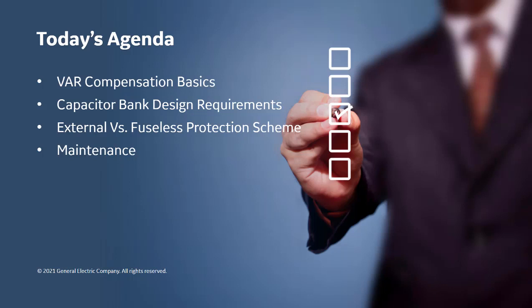These are everything that I need in order to create a proposal and then create a design for that capacitor bank. After that, we're going to review the external versus fuseless protection schemes. And then lastly, we'll go through typical maintenance for both externally fused and fuseless capacitor banks.